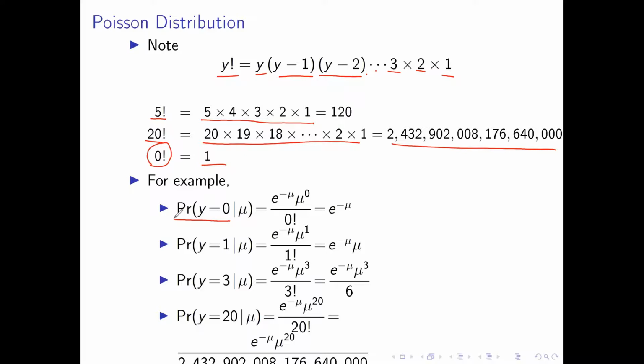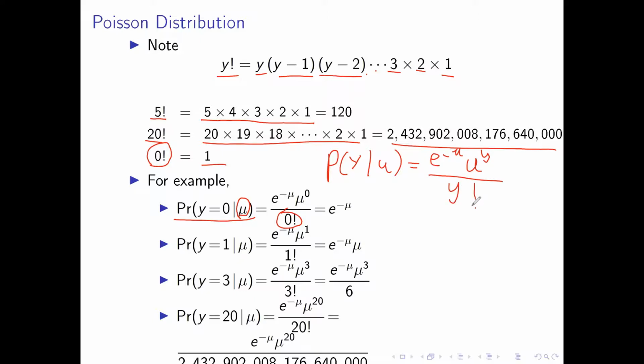For example, to compute the probability of y equal to 0, given the expected value mu, that is the expected count in the population, we plug in 0 factorial here. If you remember, the formula is P of y given mu is equal to e raised to the power of negative mu, mu raised to the power of y, over y factorial.